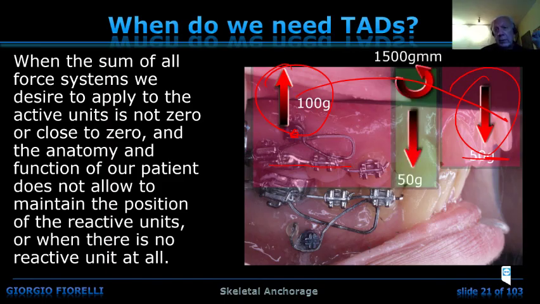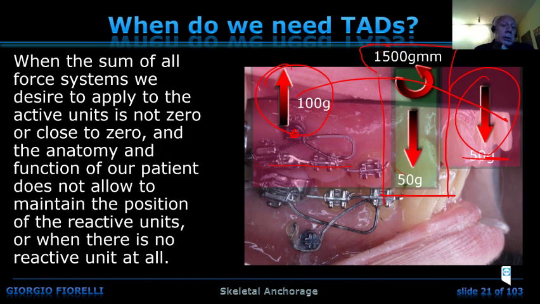In order to be in equilibrium, we are missing this force system. We can apply this force system to another tooth, and we can say, what you see here is the needed anchorage. But then we have to ask ourselves, will the canine have enough available anchorage to stay there?